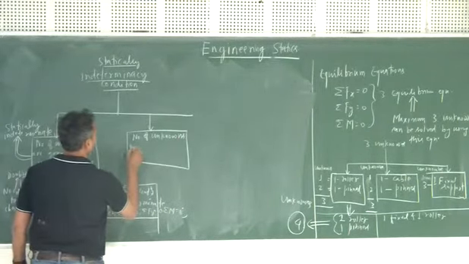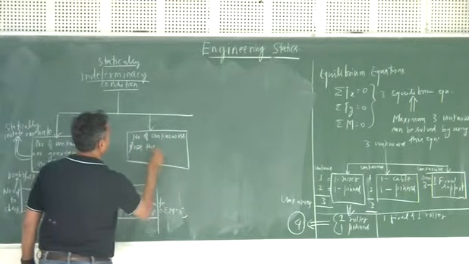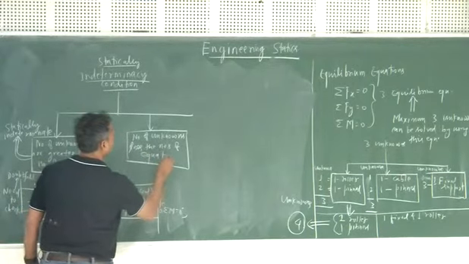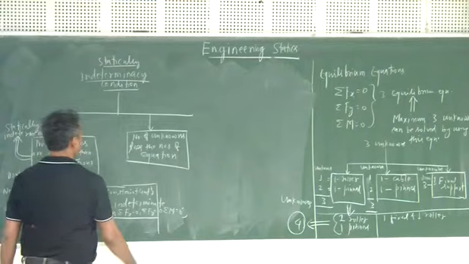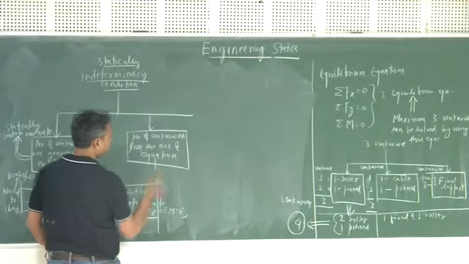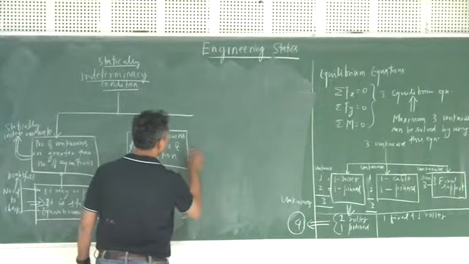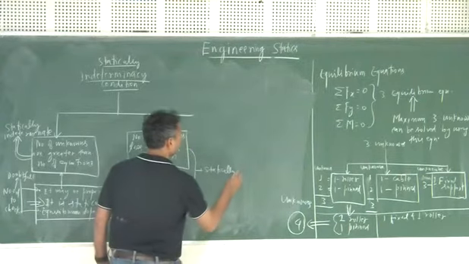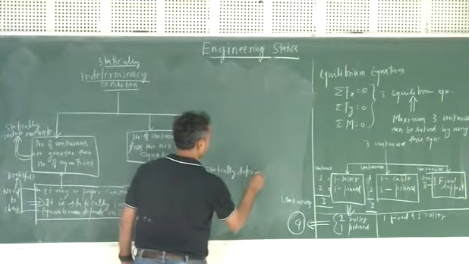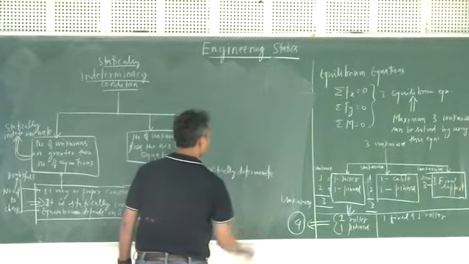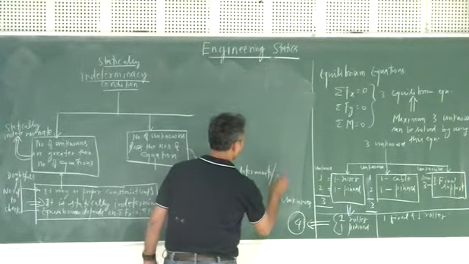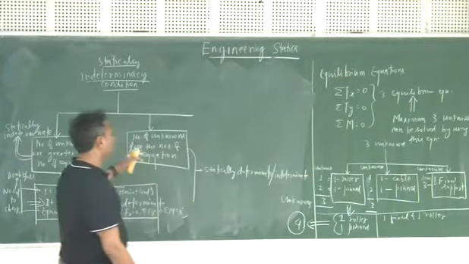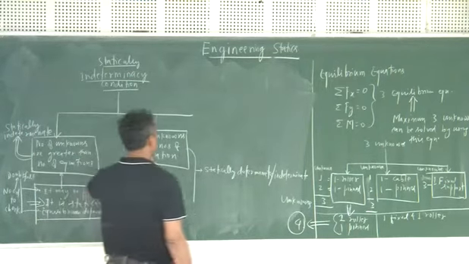Okay. Now what will happen if the number of unknowns is less than the number of equations? In this case, we can say that the system will be statically determinate or indeterminate based on whether the proper constraint is allowed or not.